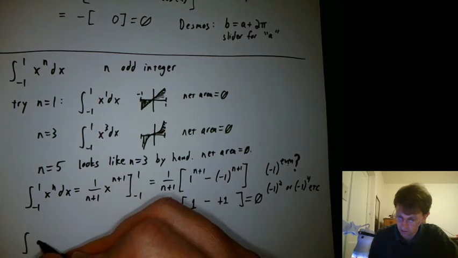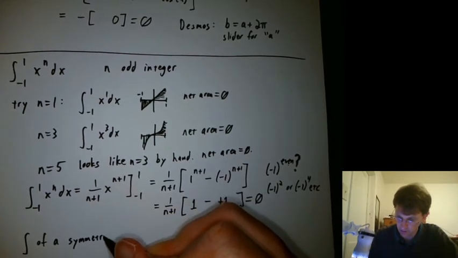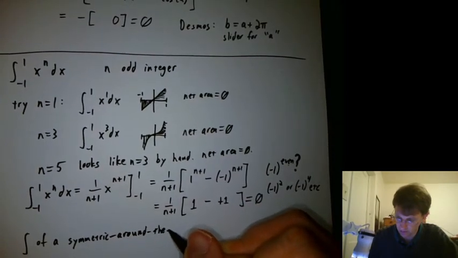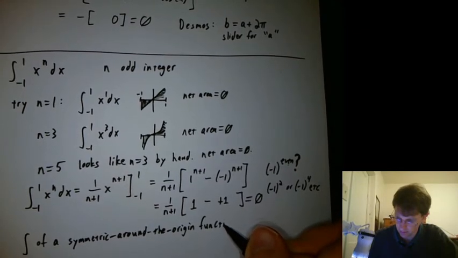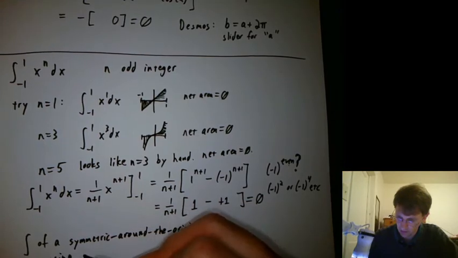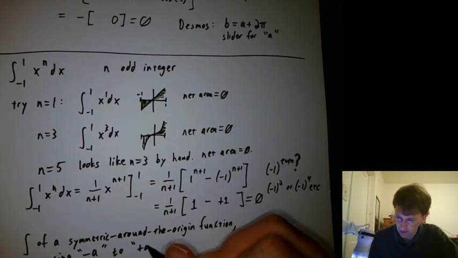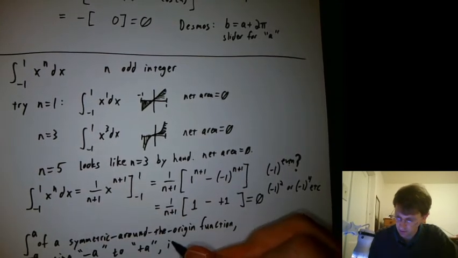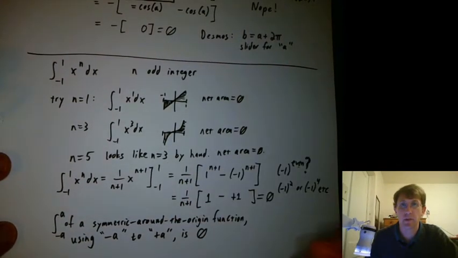So the integral of a symmetric around the origin function, using like minus a to plus a, is 0, the areas just end up canceling out.